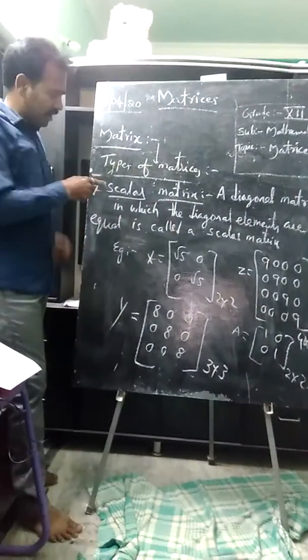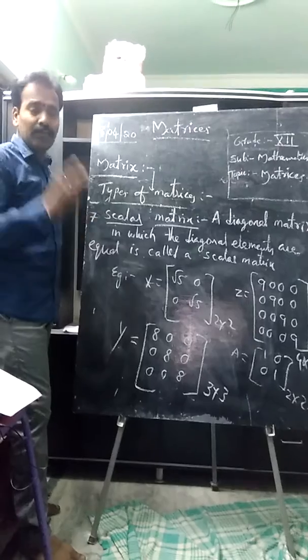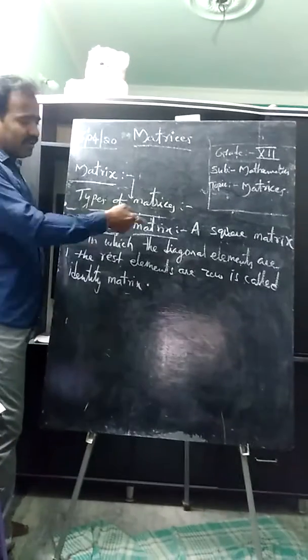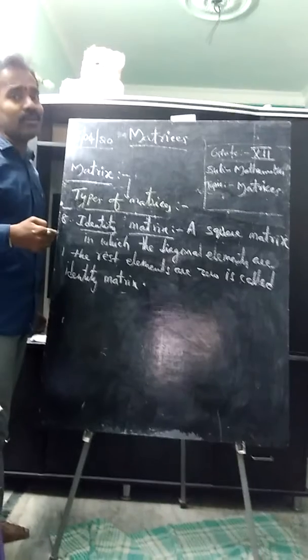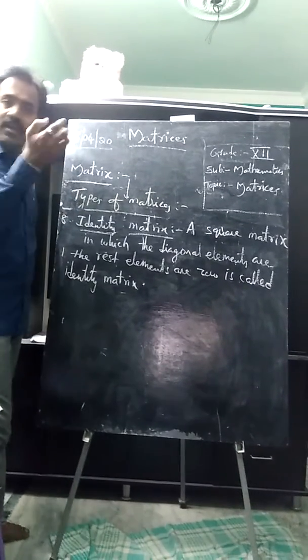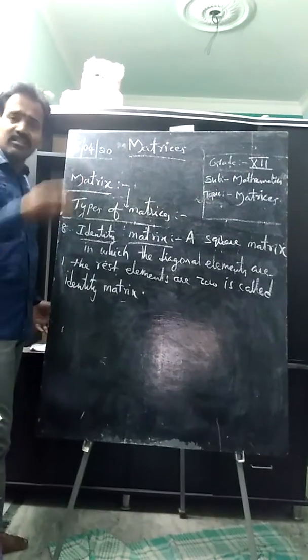Now you will learn about another type of matrix, that is identity matrix. Just now you learned about diagonal matrix and scalar matrix. In earlier classes you learned about additive identity and multiplicative identity. Additive identity is zero: when we add zero to any number, we get the same number.